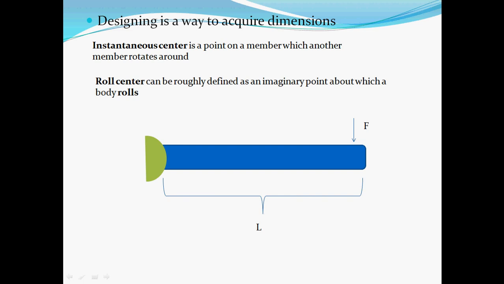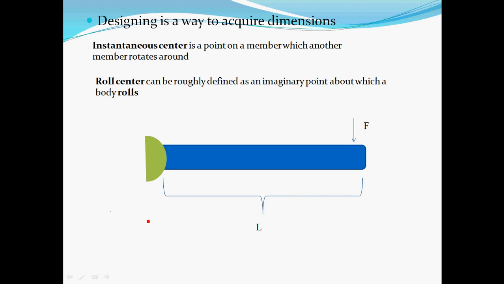Now for example, I have drawn a rod which is pivoted at one end, and a force F is applied on the other. With the application of force, it will show some angular deflection.